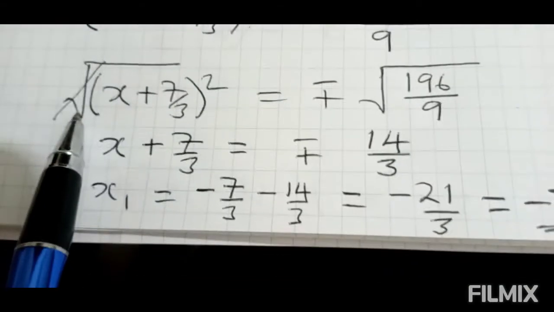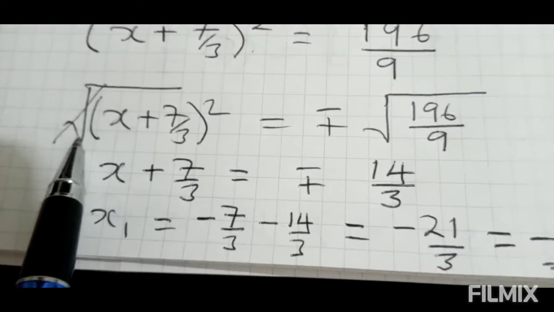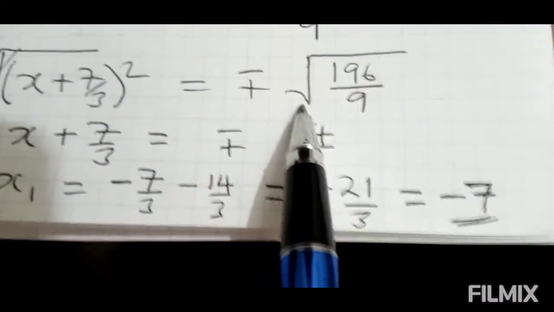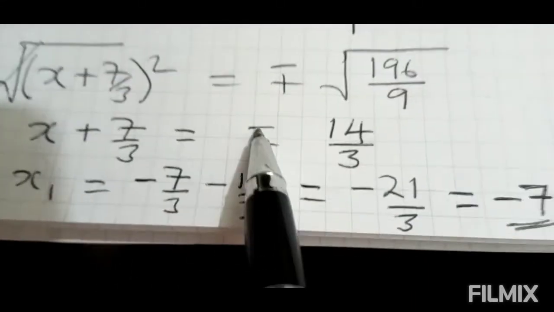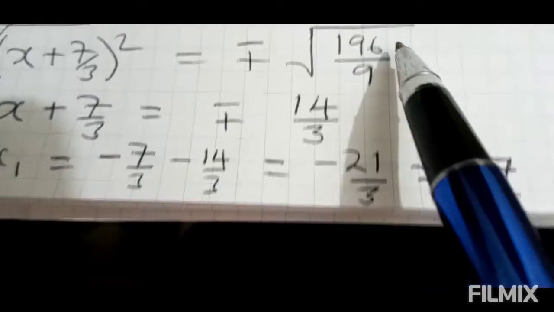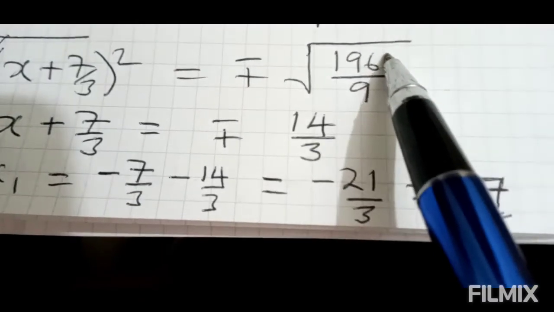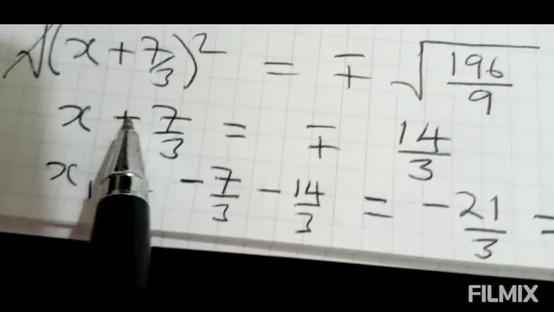Now we just take the square root. We apply the square root on both sides of the equation. So this one cancels. We remain with x plus 7 over 3 is equal to minus or plus square root of 196 is 14. Square root of 9 is 3. So x plus 7 over 3 is equal to minus plus 14 over 3.